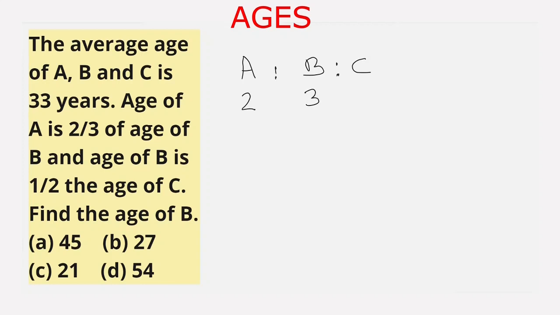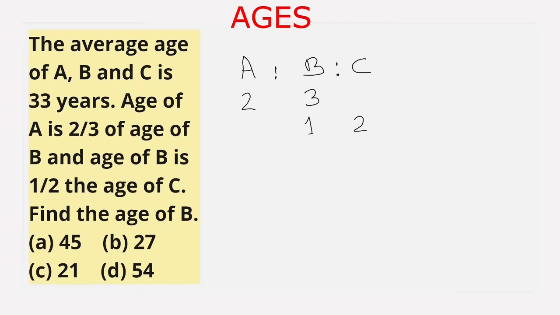Also, age of B is half the age of C. Thus the age of B to C is 1:2. That is, when the age of C is 2, age of B is 1. So we have got all the ratios. A to B is 2:3 and B to C is 1:2.